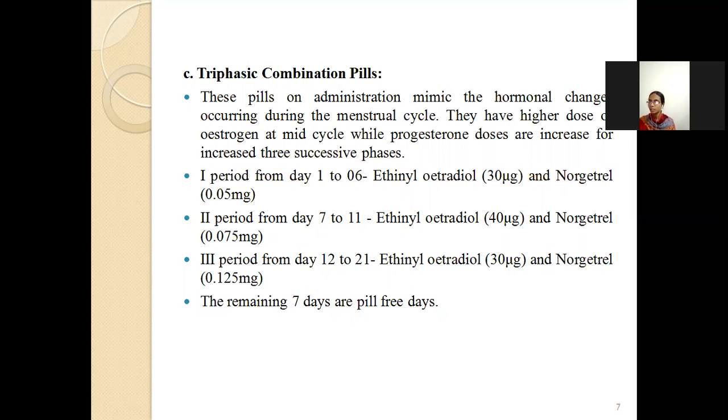But in the estrogen, in period 1 and 3, it will remain the same, but in period 2, the dose will increase. So the progesterone increases its level continuously, period 1, 2, 3. But the estrogen level remains the same in the first period and third period. But in the second period, it will increase its dose.